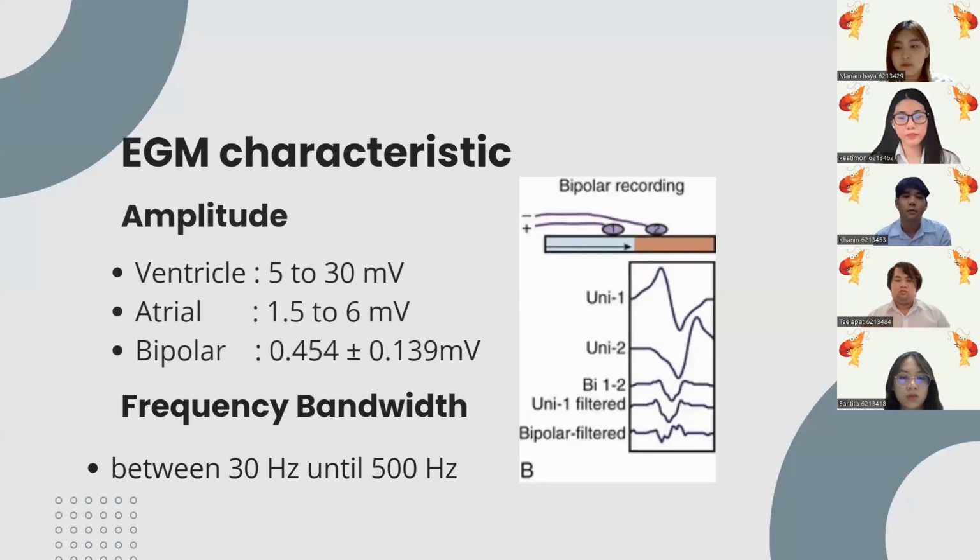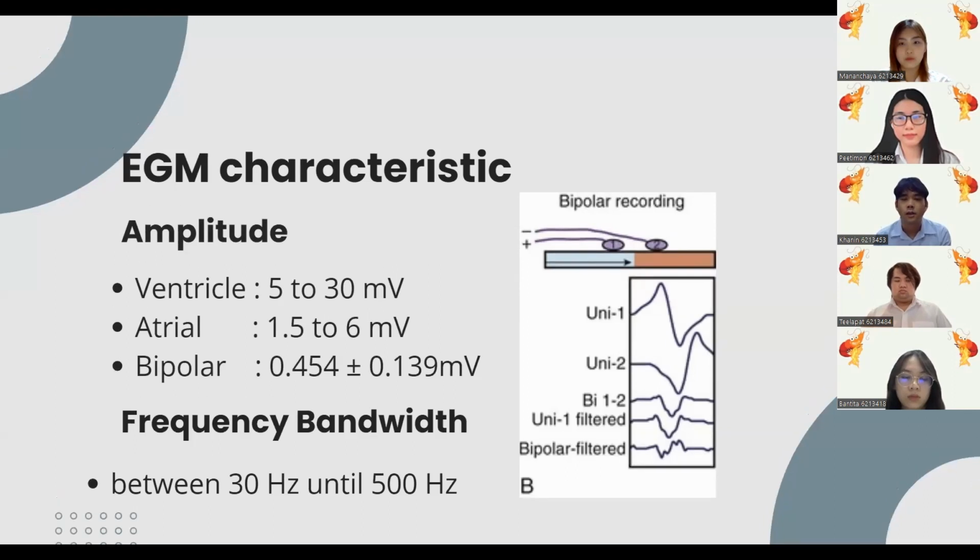Before going to our circuit diagram design, let's start with some characteristics of the intracardiac electrogram, or EGM, which affect our circuit design for signal amplifying and filtering. The first is the amplitude of the EGM. This parameter is used to design the gain of our amplifier, to be able to use the EGM as the input for another circuit. The amplitude of the ventricle EGM is about 5 to 30 mV and the atrial EGM is about 1.5 to 6 mV.